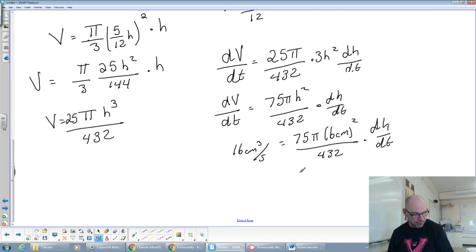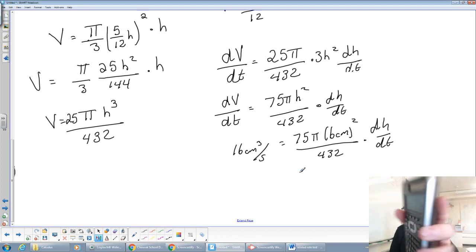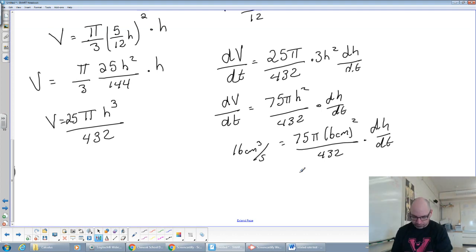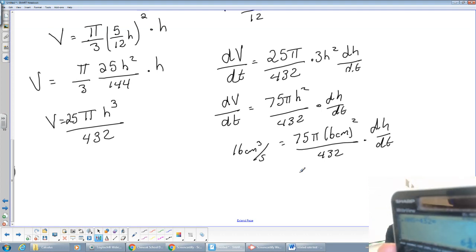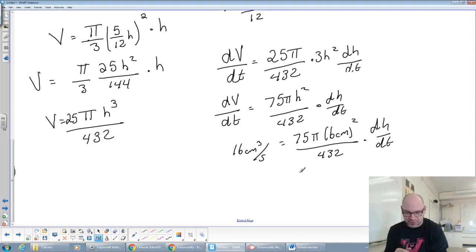So we have to simplify this number. 6 squared is 36 times 75 times pi, 2700 pi, divided by 432. That's 6 1/4 pi. It's nice to have a calculator that does everything in fractions, but if you want that as a decimal number, 19.63 dh/dt.